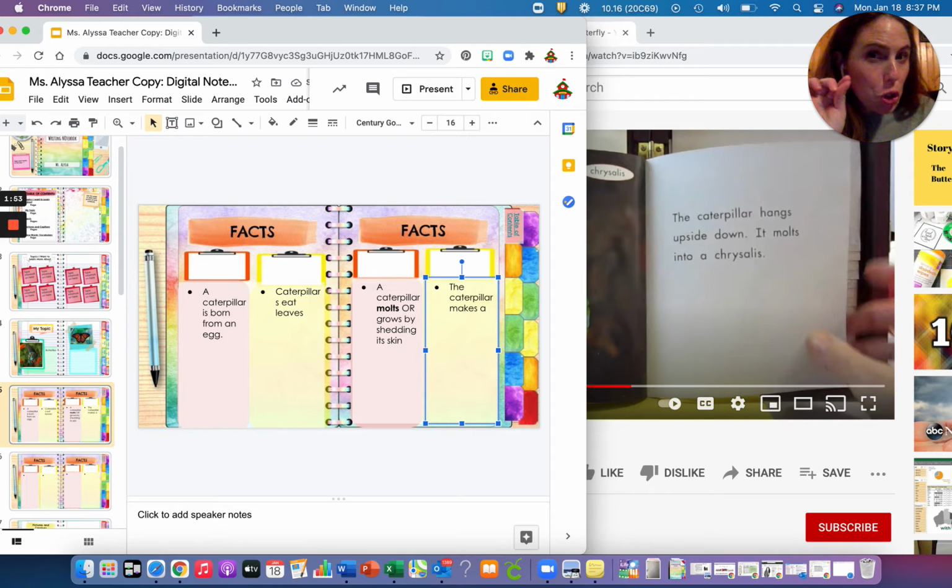We make them a little darker. In a couple days, we're going to talk about why, but we don't want to forget this word. I'm only copying the book here to make sure I spell chrysalis correctly, because that's an okay time to copy from the book. So the caterpillar makes a chrysalis. Well, good information, but I'm going to keep reading because maybe in some other research I'll have better information about a chrysalis.